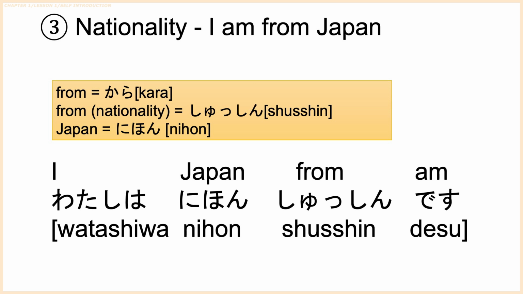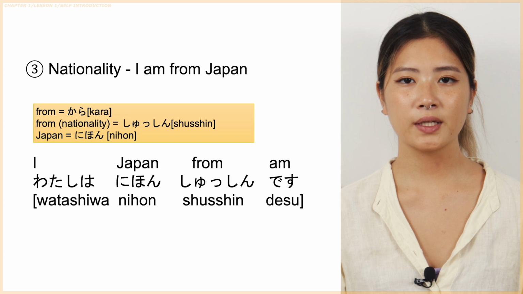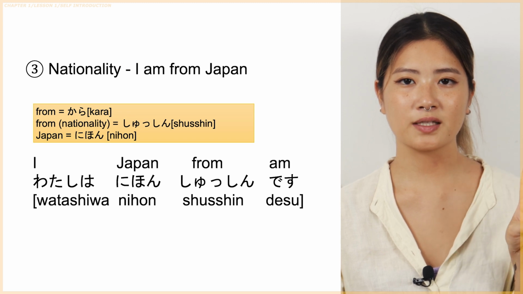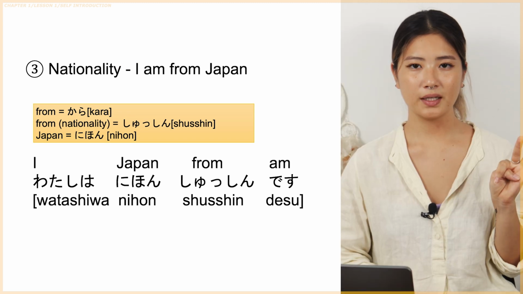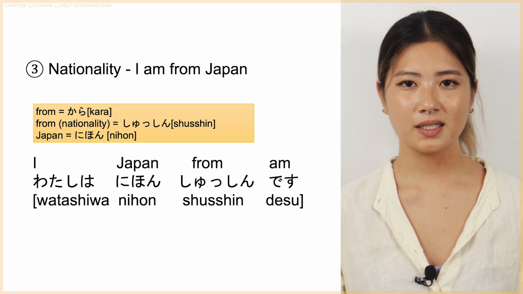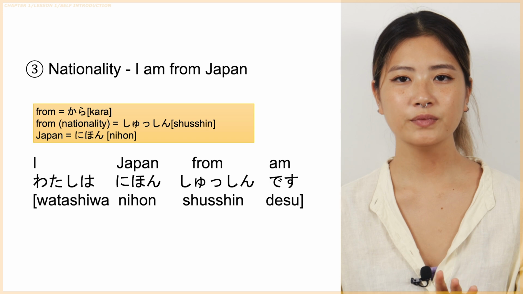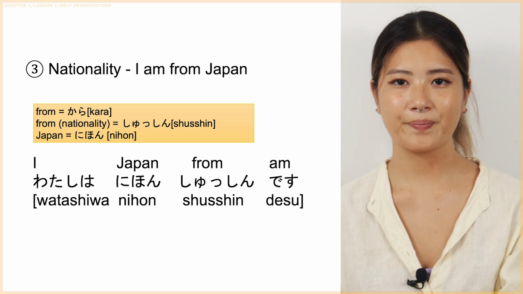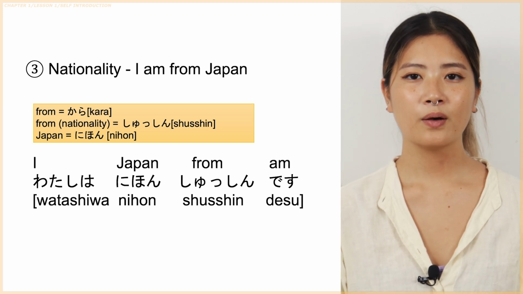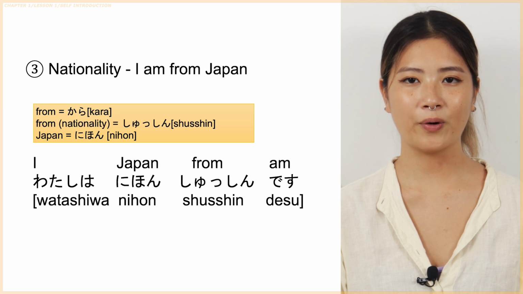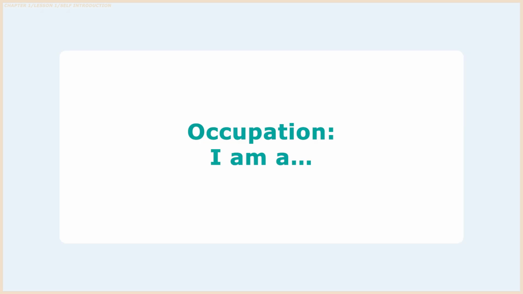Japan in Japanese is Nihon. We already know that I as subject is watashi wa, and am is desu. So the completed sentence is watashi wa Nihon shusshin desu. I am from Japan. Watashi wa Nihon shusshin desu.